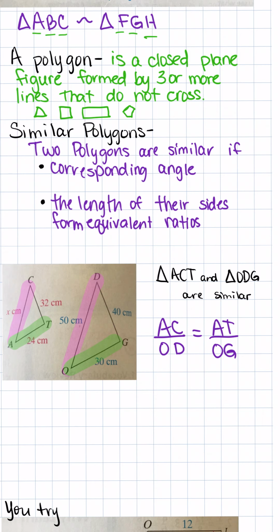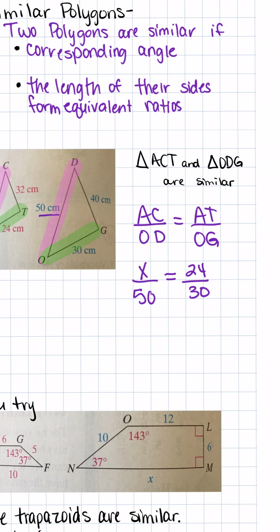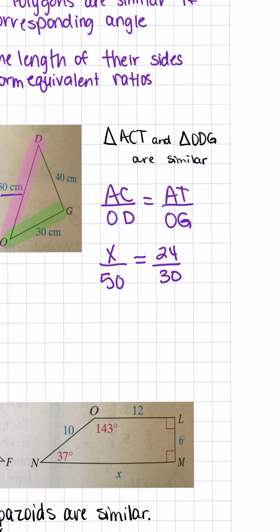So AC equals x, OD equals 50 centimeters, and that's equal to 24 centimeters over 30 centimeters. And we know how to solve these proportions, right? So there's a few different ways to do it. We could simplify this ratio over here.